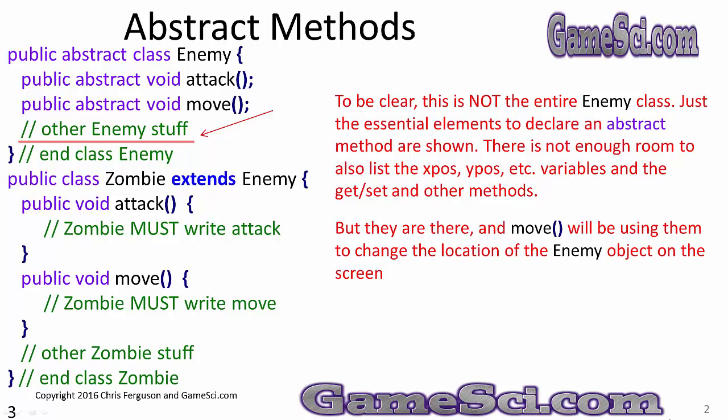I can't show you all of that in one screen, so I strip it out and just show you the essential elements. But they are there. Move will be using them to change the location of the enemy object on the screen. Keep in mind that this is a hollowed out enemy class. All the other stuff we've talked about, like X and Y position and the health variables, they're all still there. I just can't show them all on one screen.